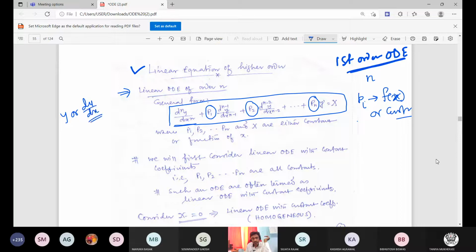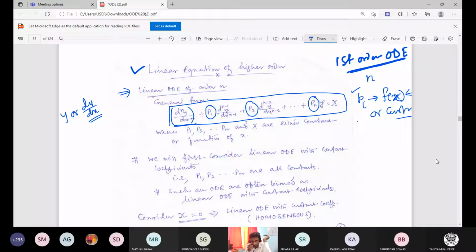Another thing: in all the terms the derivatives have degree 1. Since the Pi are constants or functions of x, not involving y or its derivatives directly, and the power of all the derivatives is 1, these are all linear. So we can say this equation is a linear differential equation.